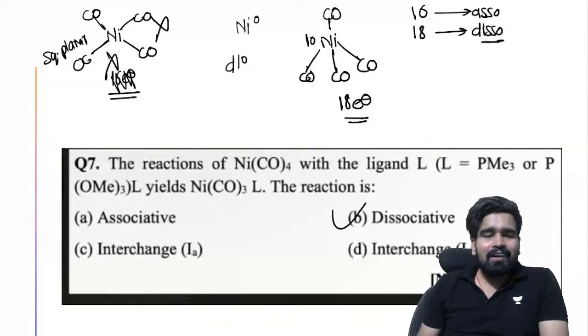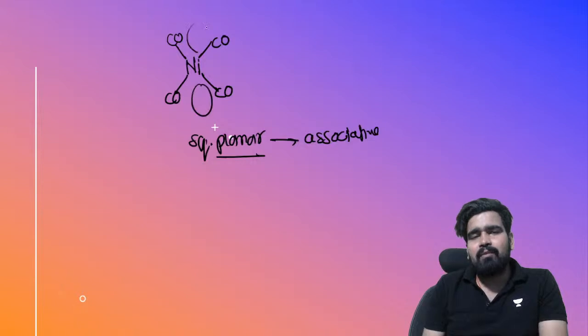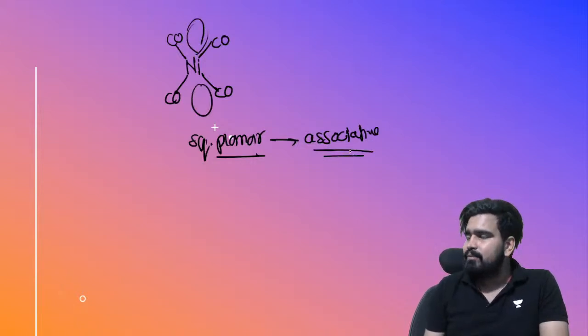Here you can see there is a twist in the question, because if by any chance you made it square planar like this, which is not possible, then a square planar complex would give an associative mechanism. Square planar has vacant orbitals above and below, and tends to give associative mechanism.